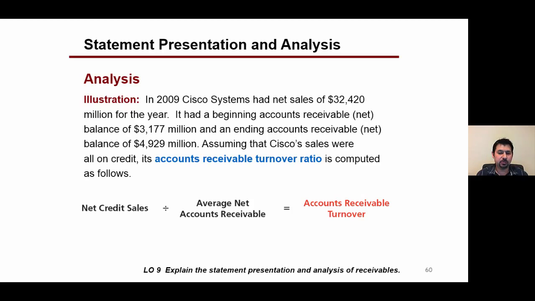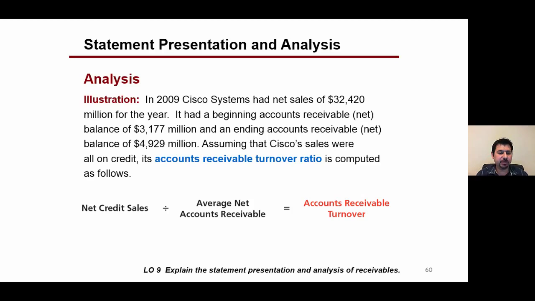This ratio measures the number of times that the company collects accounts receivable during the accounting period, on average. So basically, it looks at on average how many times during that year the company was able to collect its accounts receivable.